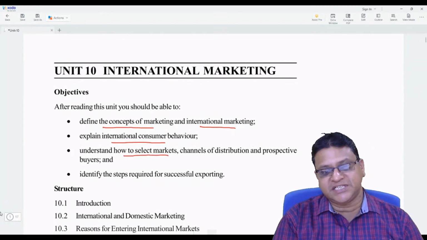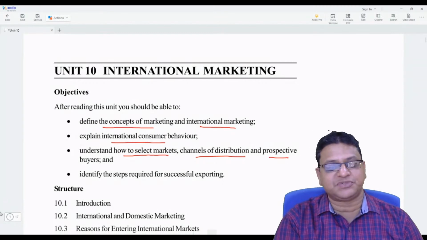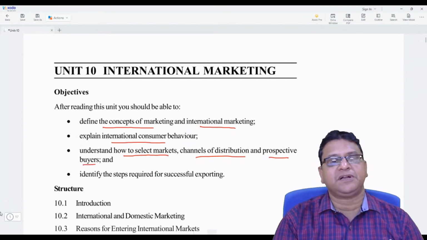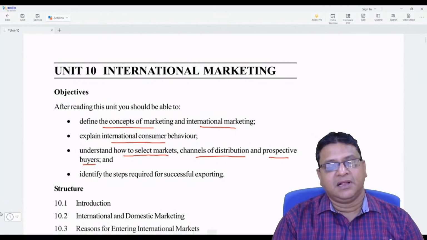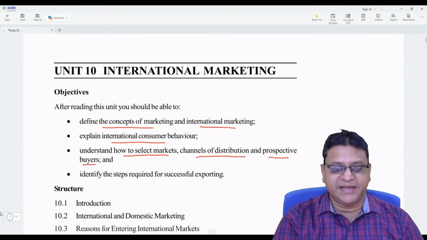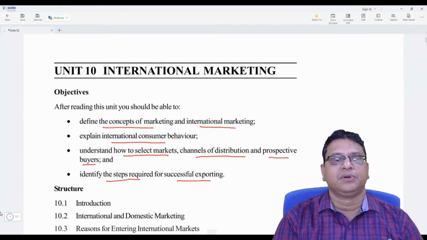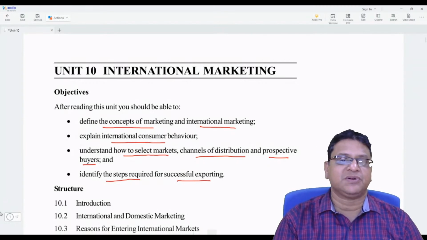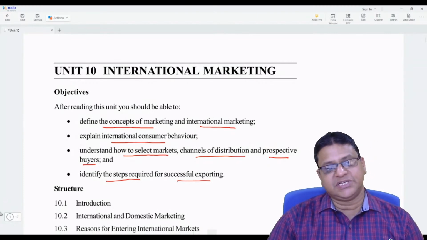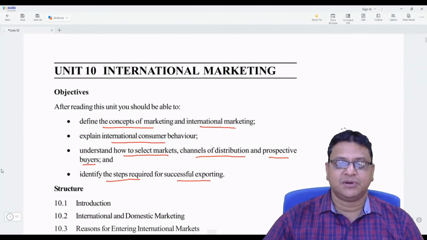We will understand the channel of distribution in case of international markets, and how to identify prospective buyers in case of international markets. At last we will identify the steps required for successful exporting of goods in context to international marketing. So these are our objectives.